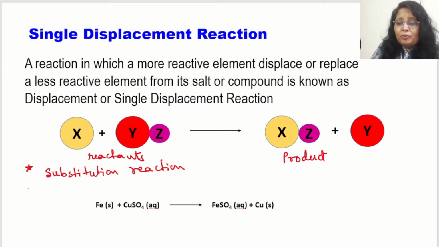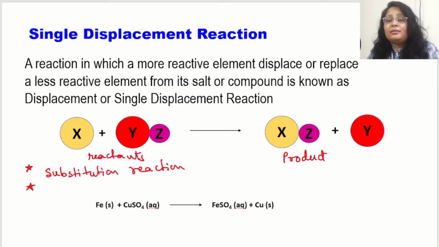One more point to be noted is, when a displacement reaction takes place, always a highly reactive metal will replace the less reactive metal, or a highly reactive non-metal will replace the less reactive non-metal.